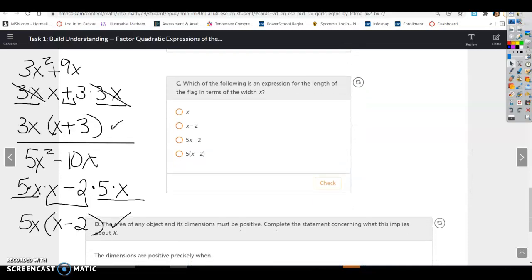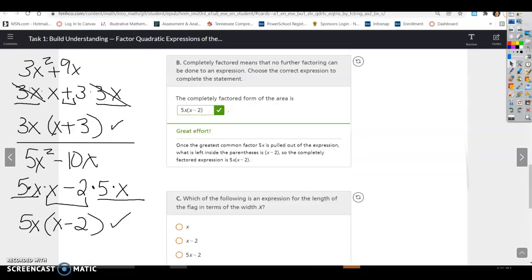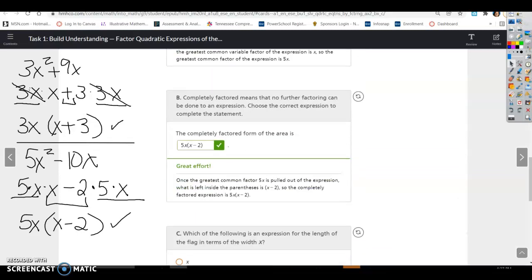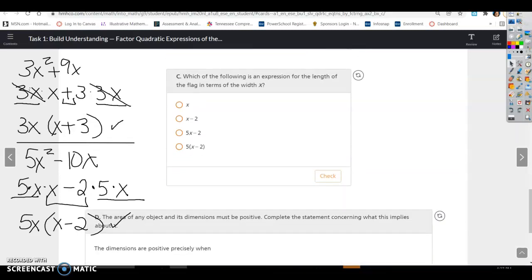Alright, so it says which of the following is an expression for the length of the flag in terms of the width? Alright, if you go back up here, you can see that the area is 5x squared minus 10x. So that's what we've been working with right here. Okay, and we know that the area is length times width.